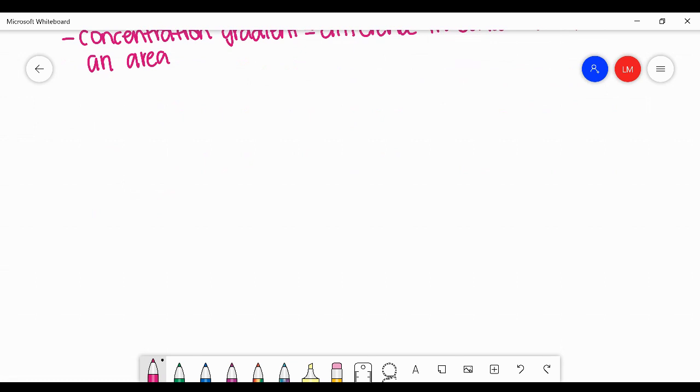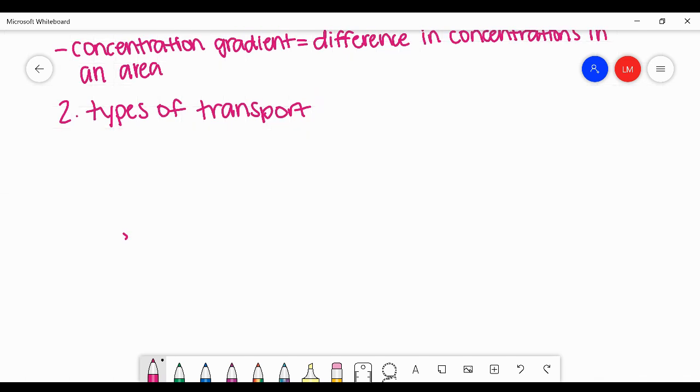Next, let's talk about the types of transport. There are two types of cell transport. The first type that we will discuss is called passive transport.